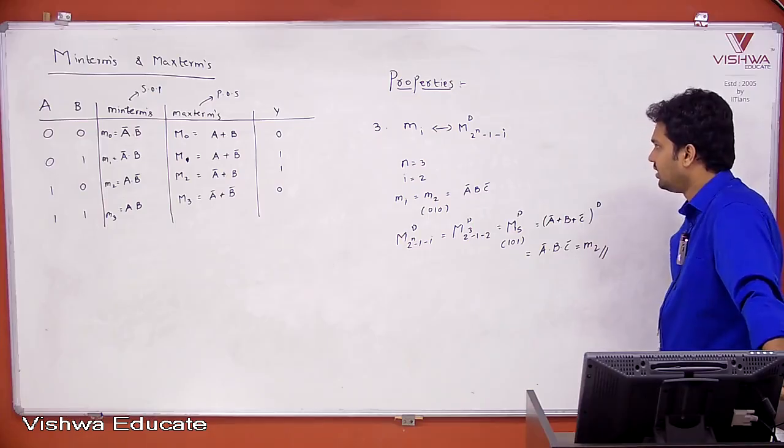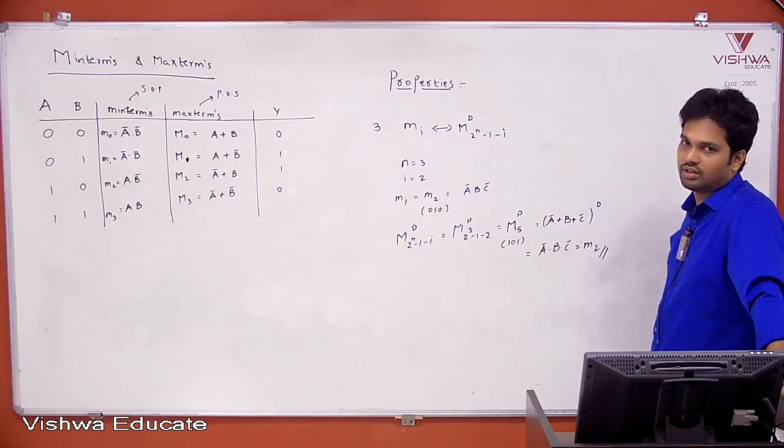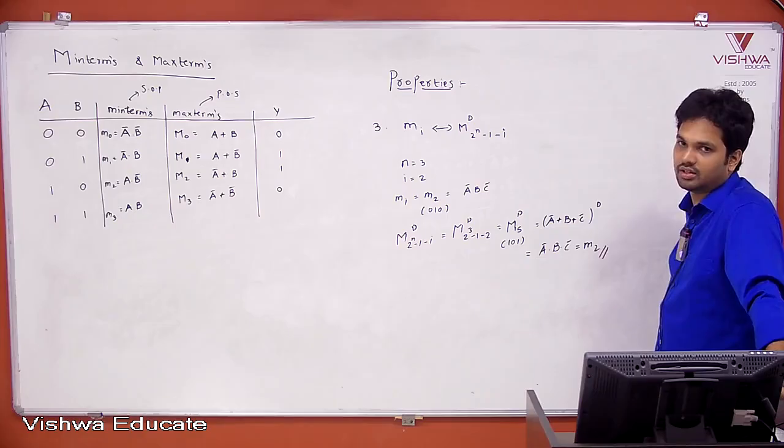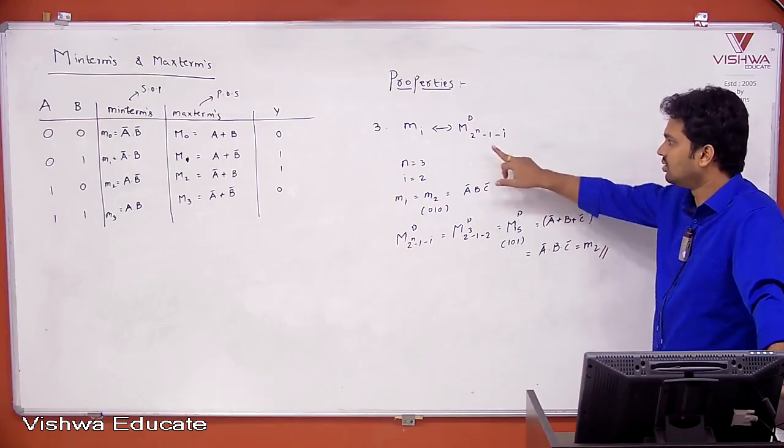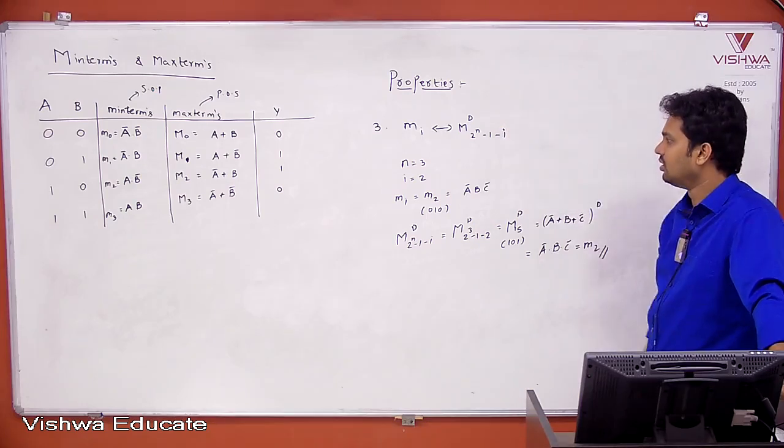I have given earlier as a homework to find, in an n variable function, the number of self-dual expressions. For that you can use this. This logic can be helpful in that as a hint.